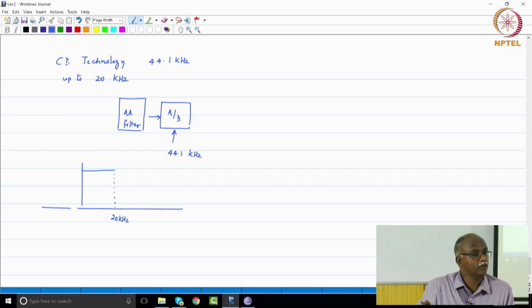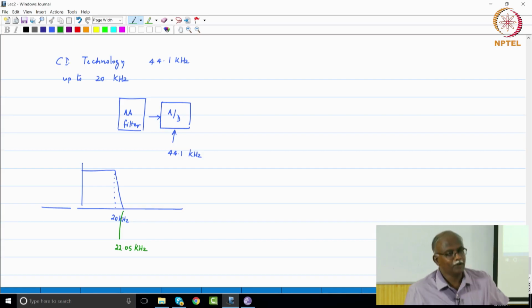Where should it cut off? What should be the stop band edge? 22.05, because 1/2 of the sampling frequency, because anything beyond that will create aliasing for me. So, the cutoff frequency for this is 22.05 kilohertz.